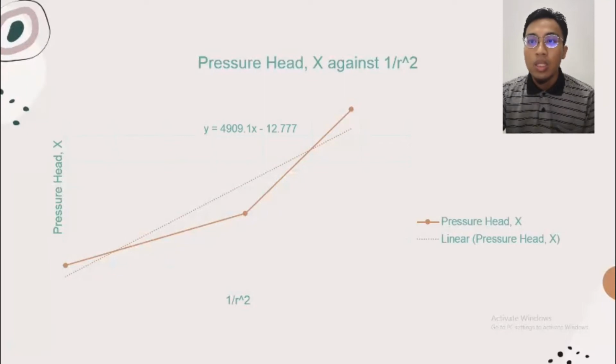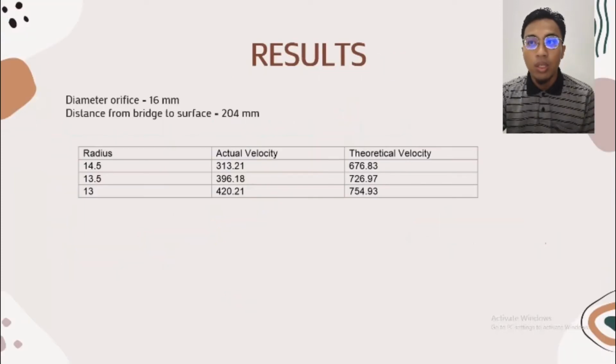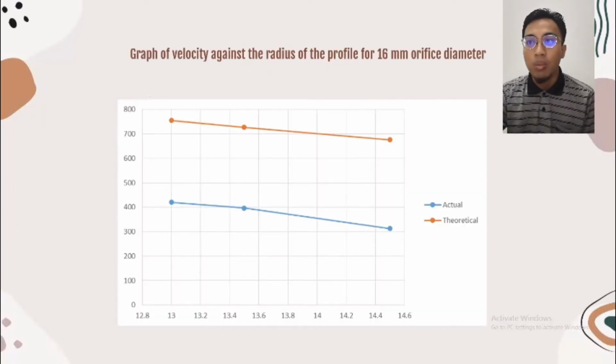The next table shows the actual velocity and also the theoretical velocity for the orifice diameter of 16 millimeters, also by applying the same equation as before to get the data for the velocities. This one is the graph of velocity against the radius of the profile for the 16 millimeter orifice diameter.